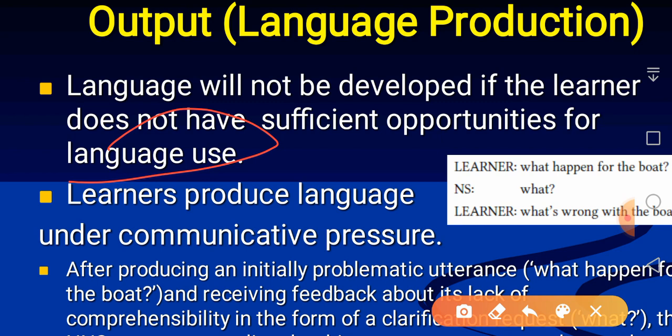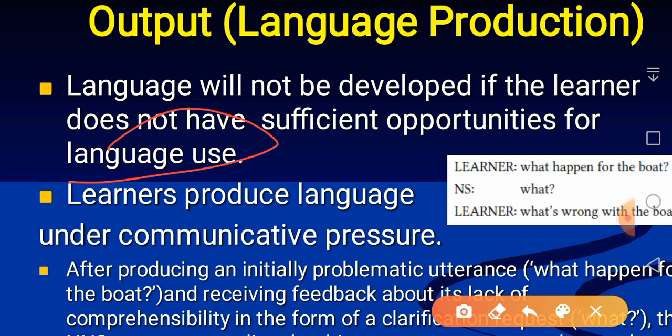That's why in my pedagogy, I always make students speak. I always give them writing tasks. I always give them speaking tasks. I want them to come on stage and speak to the audience. So unless you are offered role plays, unless you are offered debates, table talks, presentations in which there is a question answer session, a lot of interaction, language will not be developed.